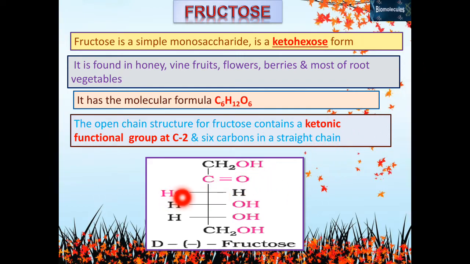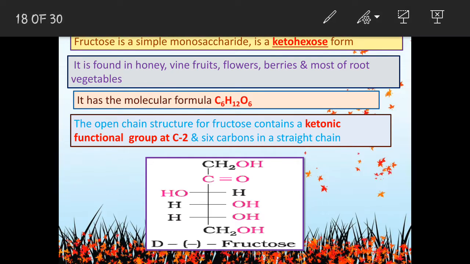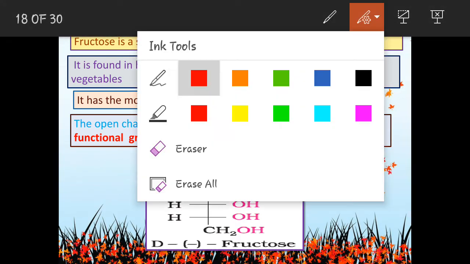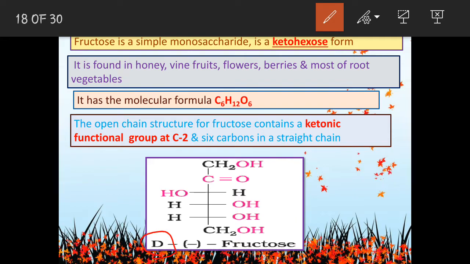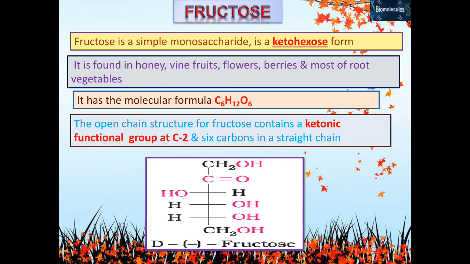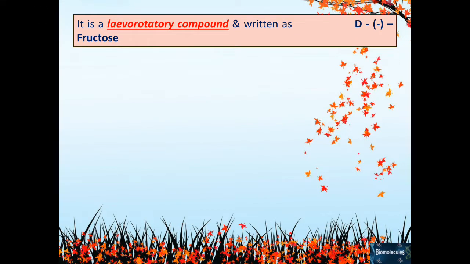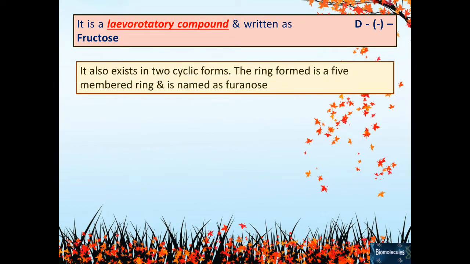Here capital D represents configuration. The minus in the bracket indicates what? It indicates that it is a levorotatory compound. Glucose is dextrorotatory, whereas fructose is a levorotatory compound. That means it rotates the plane of polarized light in an anti-clockwise direction. Okay, fine. We'll see the next concept.